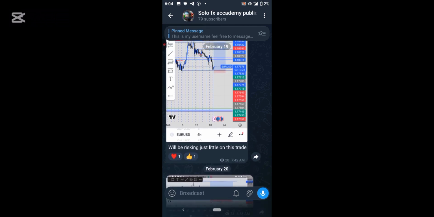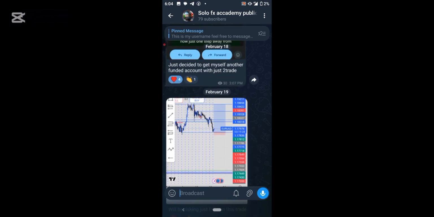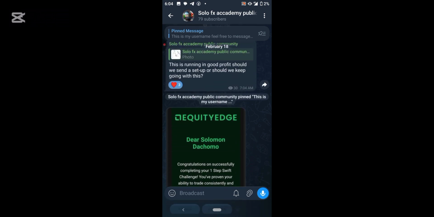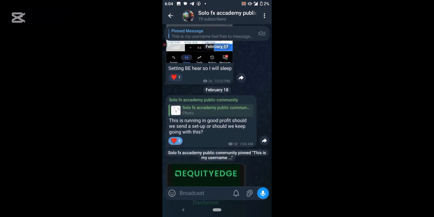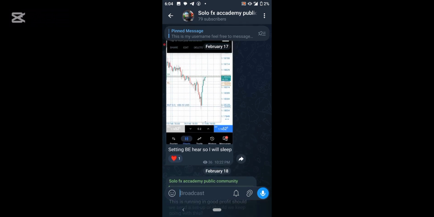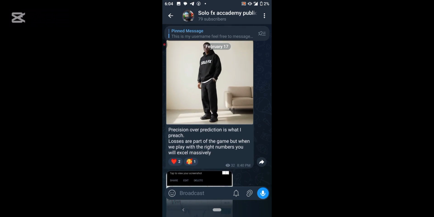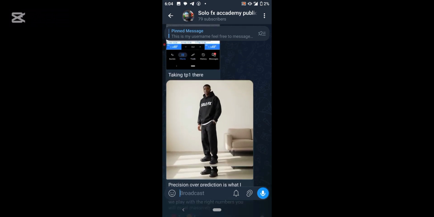Started with the vision, charts on the screen, late nights, early mornings, chasing the dream. Candles moving fast, but my mind stayed calm. Learning price action, strategy strong. From losses to lessons, I paid my dues. Now I read the market, I don't chase the moves. Patience is the key, discipline the plan.